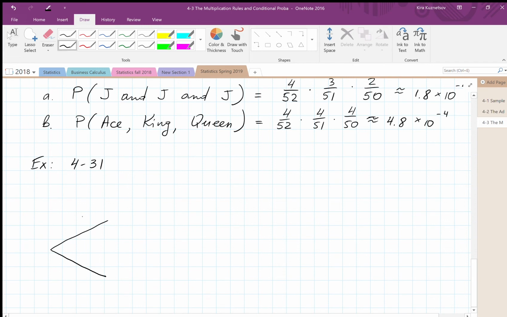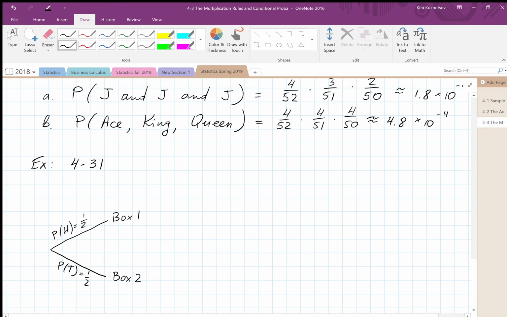There is a 50% chance of getting heads. And the probability of tails is the same. Now, if I'm getting heads, I am selecting box 1. If I flip tails, I'm selecting box 2.